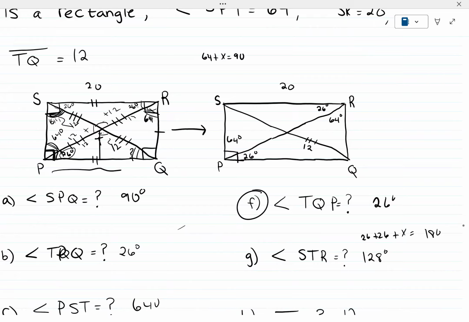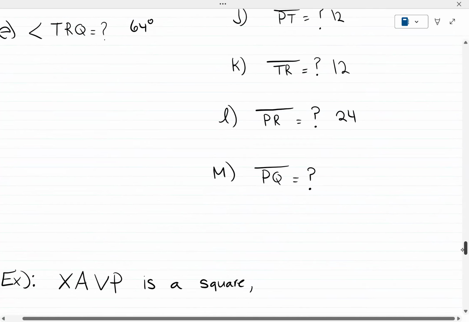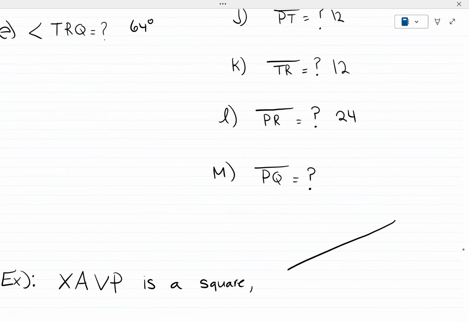If I put a little bisector, that doesn't help. If you draw the image better, this is going to be the length Y, and this is going to be 52 degrees.